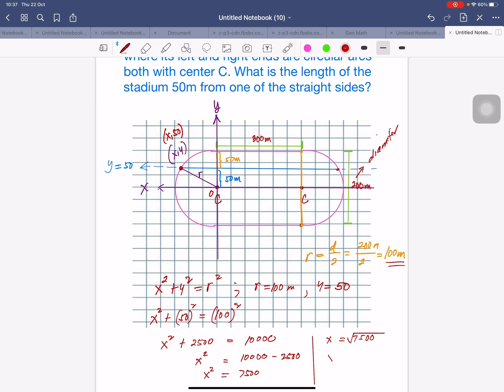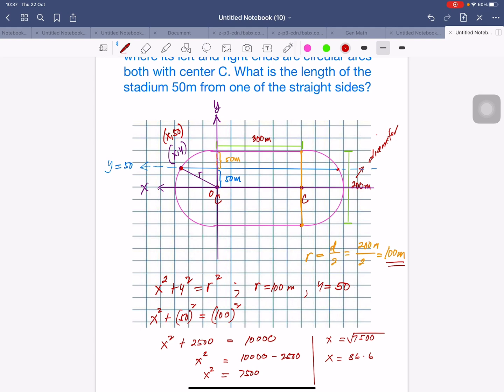So x is equal to 86.6, and since we are having the distance, it would just be 86.6.